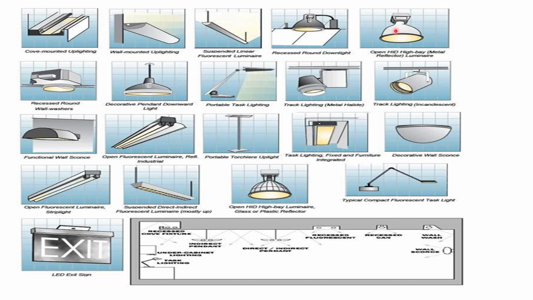This is an open HID high intensity highway fixture. This is a recessed mounting wall washer fitting, and so many other different types. These are surface mounted types. This is also a functional wall sconce type of fitting, and many other types of fittings are shown here.